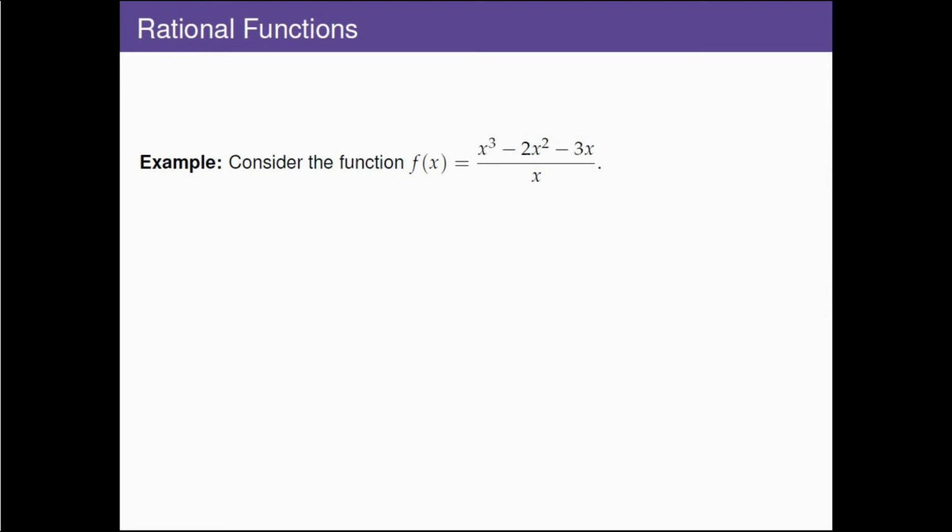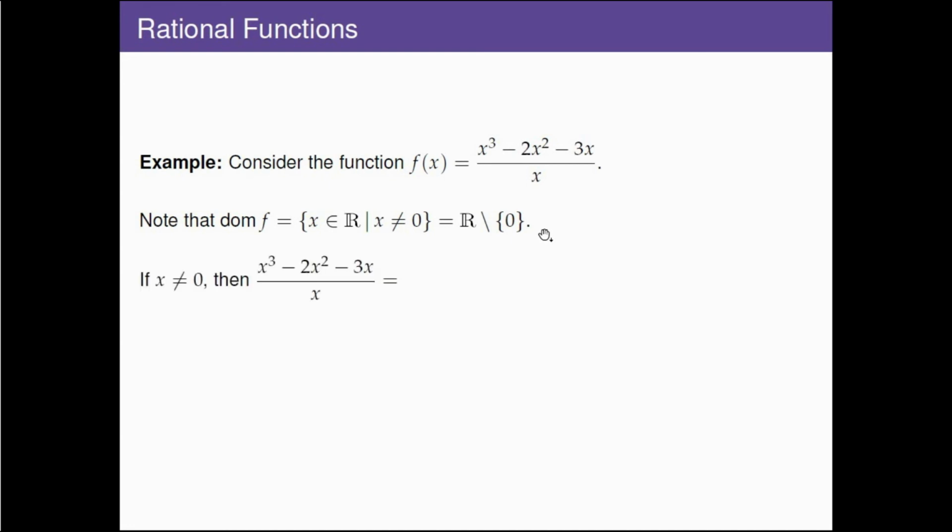Example, consider the function f of x equals x cubed minus 2x squared minus 3x over x. This is a polynomial over a polynomial. Note that the domain of f is just the set of all real numbers where the denominator is non-zero. So this is R, not including 0.